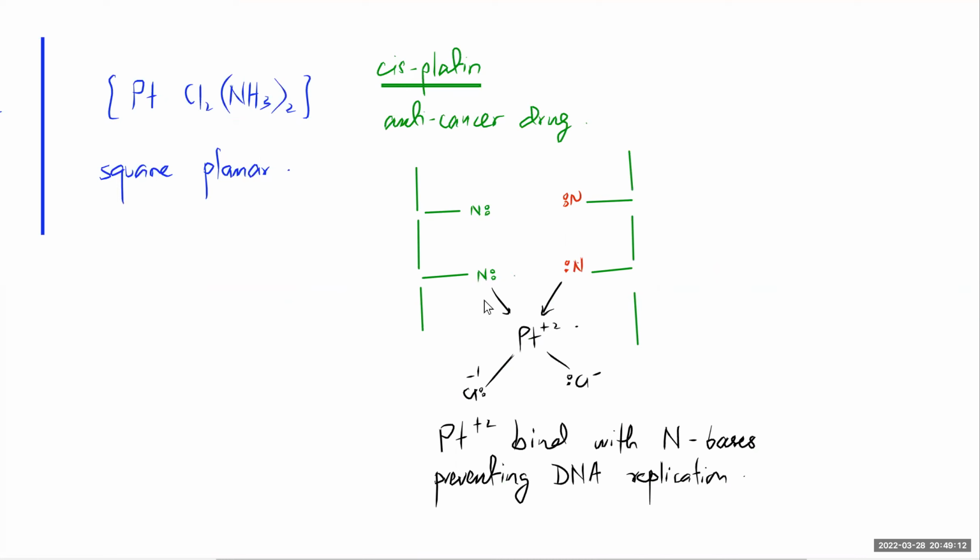So what cisplatin does is that for replication, the DNA has to unzip. It has to split, just like a cell splitting. And what cisplatin does is it does not allow it to unzip, because 2 of the NH3s get replaced by the bases in the DNA strand.